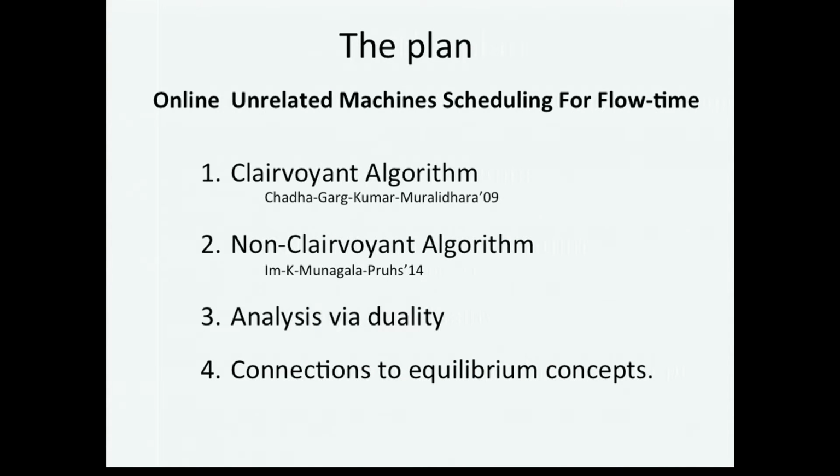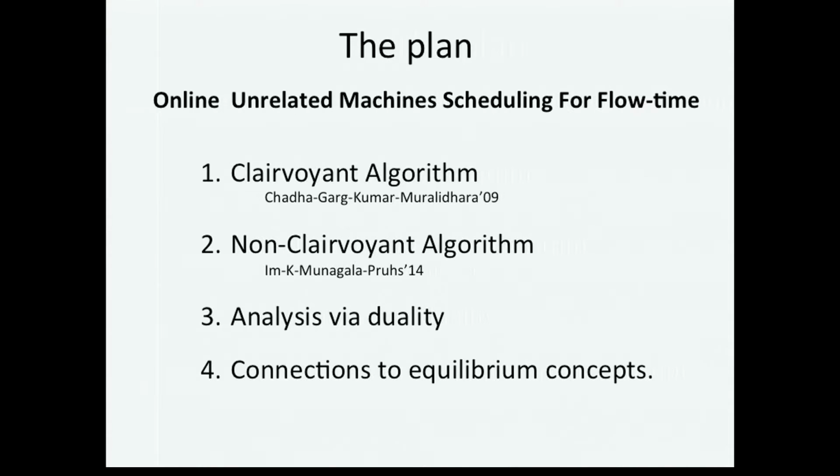The plan is to discuss two algorithms which give meaningful competitive ratios for this problem: one algorithm by Chadha, Garg, and Kumar, Amit Kumar is in the audience, and another non-clairvoyant algorithm by Sungjin and myself, Kamesh, and Kirk Pruhs. We will see the analysis of these algorithms via the lens of duality. Kamesh showed a potential function-based analysis, but I will show a duality-based analysis. And then I will briefly touch upon some connections to equilibrium concepts.